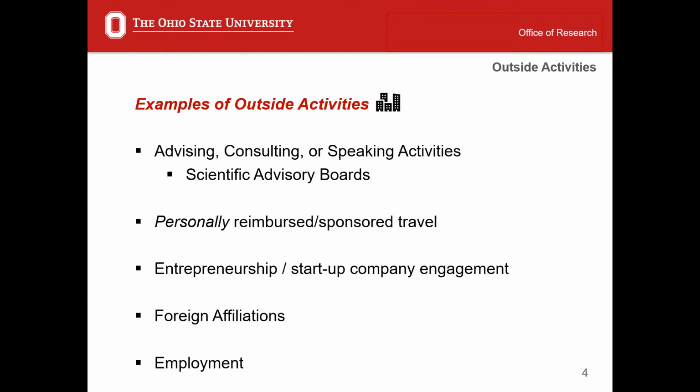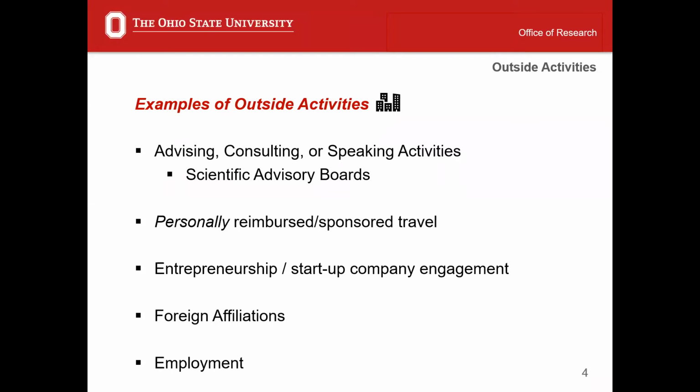Examples of outside activities, kind of the textbook case would be advising, consulting, or speaking, usually for industry, serving on a scientific advisory board, for example. Another outside activity would be a situation where you personally receive reimbursement or sponsored travel.